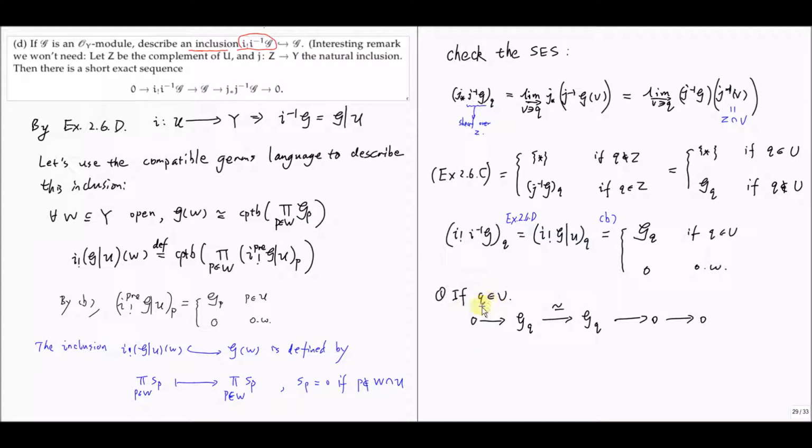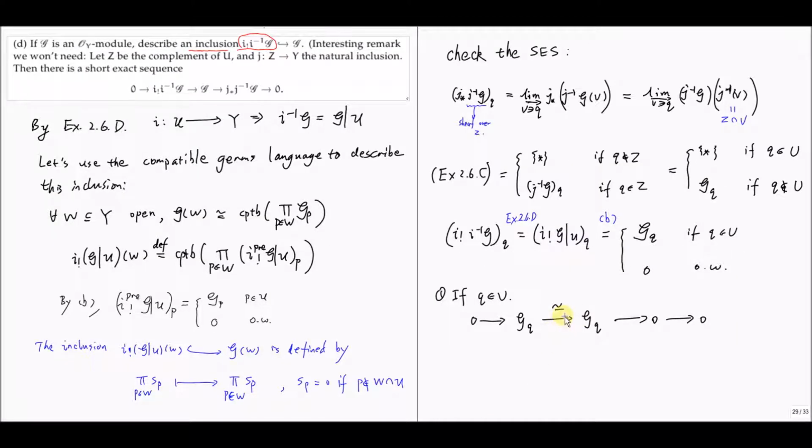If Q is in U, then we get the sequence 0, G_Q, G_Q, and 0, which follows from here. This one will become G_Q, and the stalk of this one will become trivial.